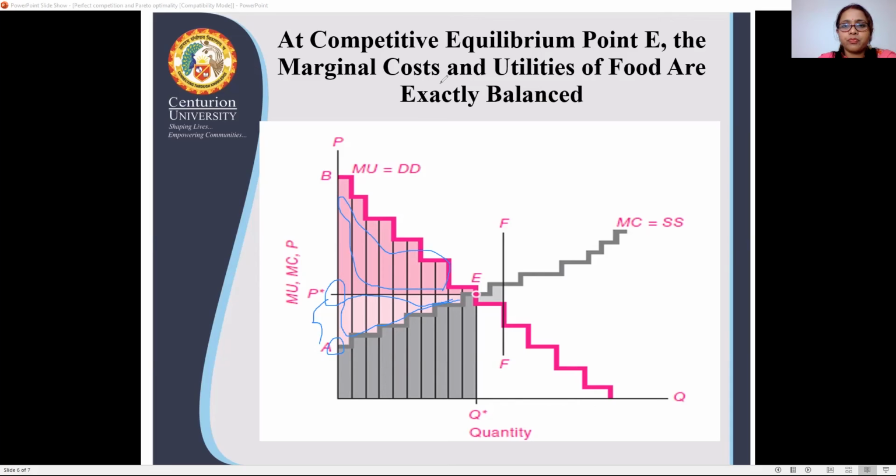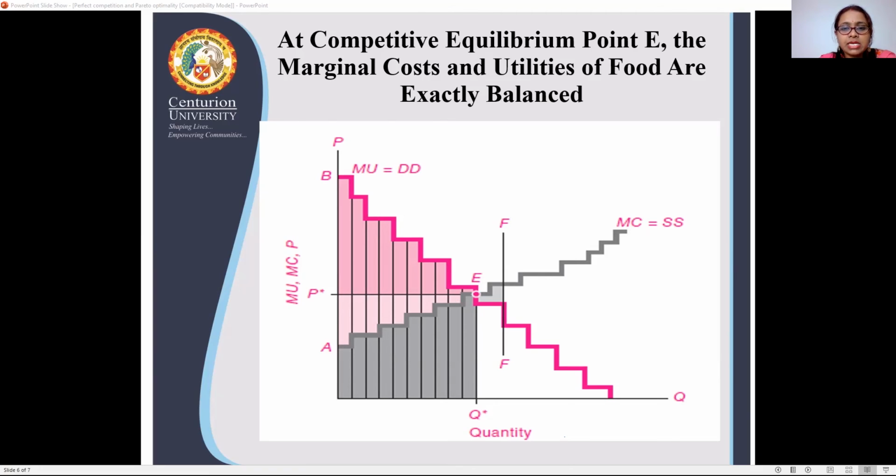By adding this producer surplus and consumer surplus, we actually get economic surplus. So this figure, apart from explaining the competitive market equilibrium, is also showing the concept of economic surplus, which is the sum of consumer surplus and producer surplus.